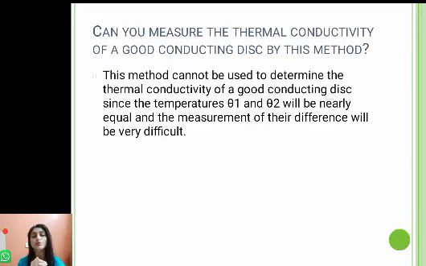If you use a good conducting disk instead of an insulator disk, then the temperatures theta 1 and theta 2 will be nearly equal, and in that case measuring the difference between theta 1 and theta 2 will be very difficult, and that is why this method is used for insulators and not for good conductors.